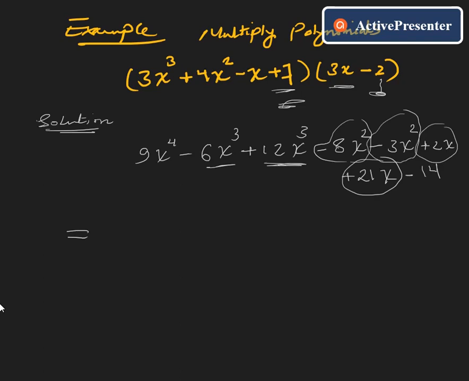So minus 6x cubed plus 12x cubed should be plus 6x cubed, and 9x to the power 4 will remain the same. Minus 8x squared minus 3x squared should be minus 11x squared. What about 2x plus 21x is 23x. Minus 14 will remain the same. So we are done.